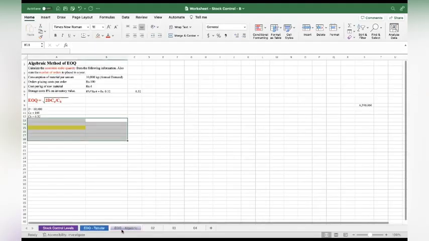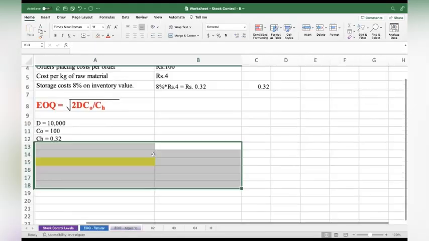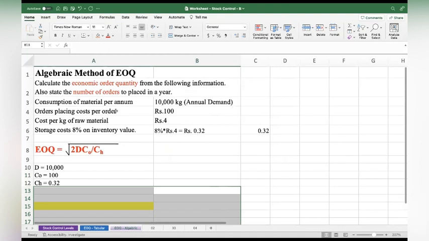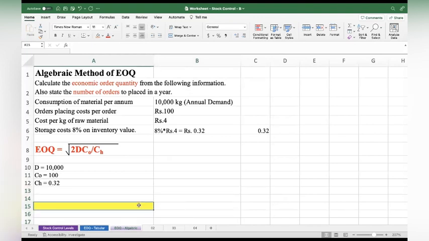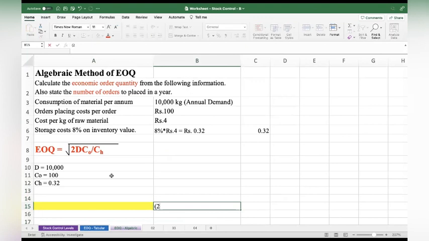Here I copy-pasted the question for my convenience, because it's hard to go back and forth when we are using the computer. Now let's find out the EOQ. First we will take this equation. So let's multiply 2 times.